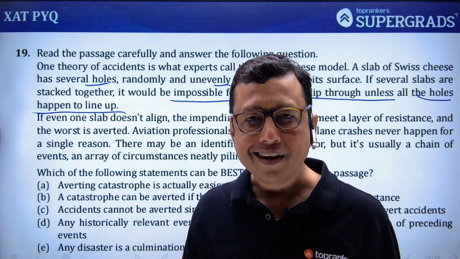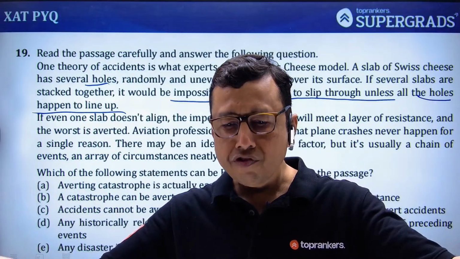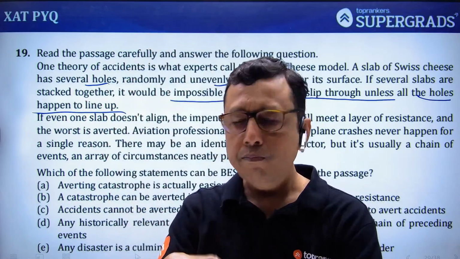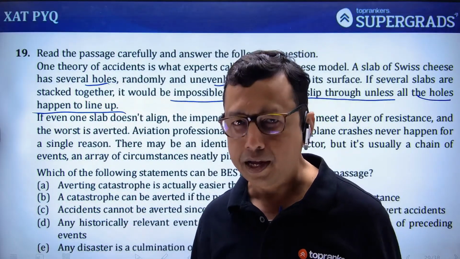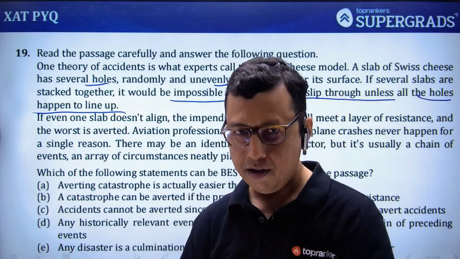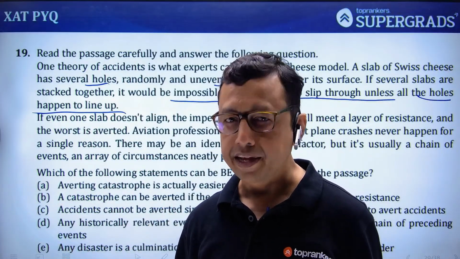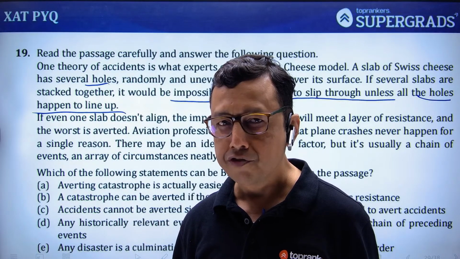What does that mean? Given the randomness of the distribution of the holes, unless the holes line up, things cannot pass through it. Symbolically, it means that an accident cannot take place unless there are many things that align. So it talks about alignment of many things, without which the possibility of accident is not there.